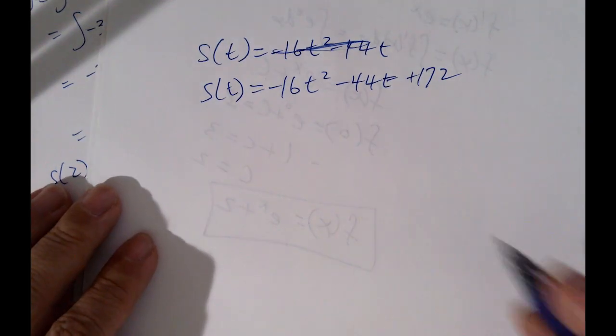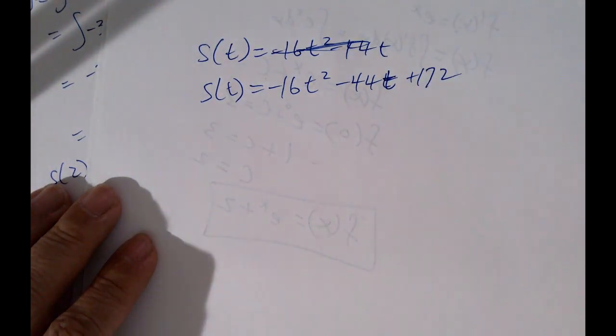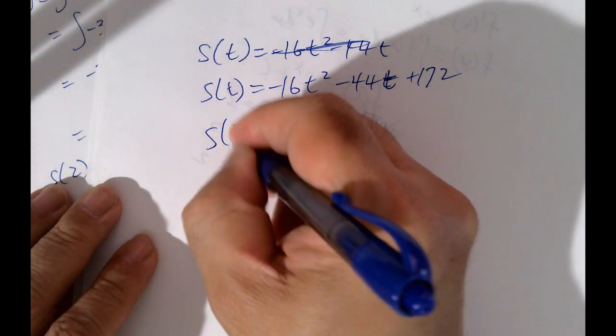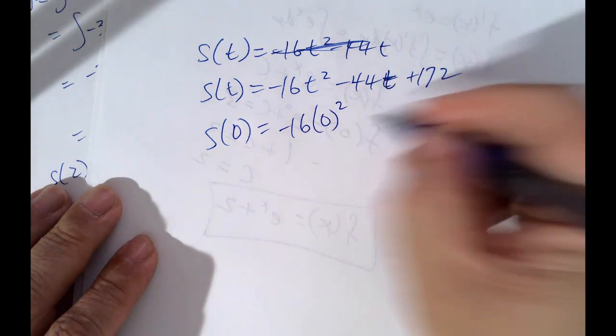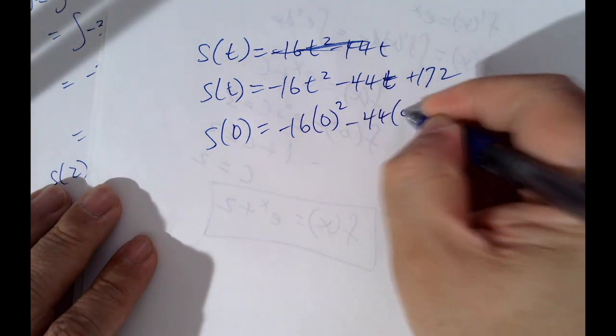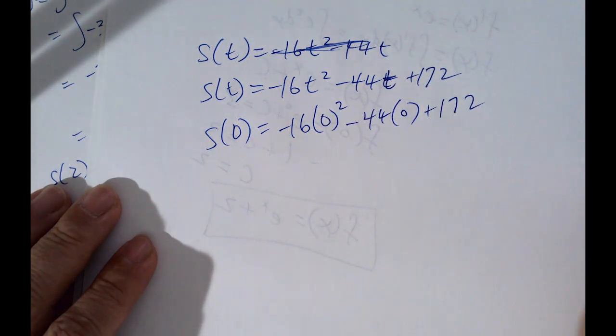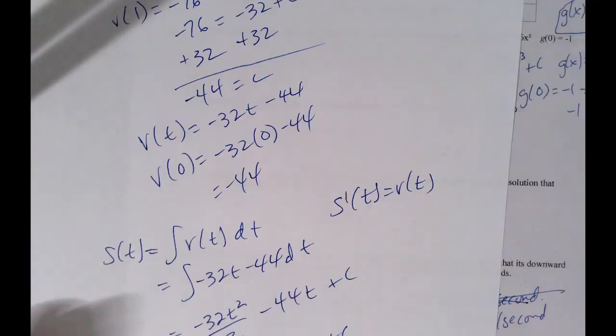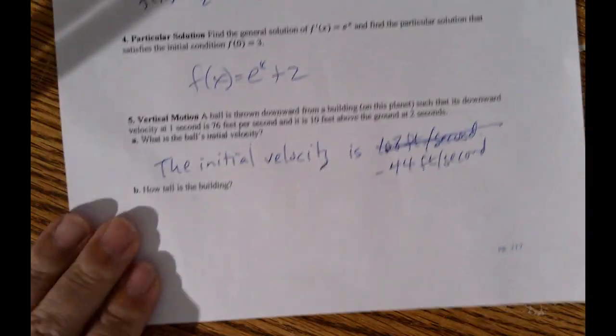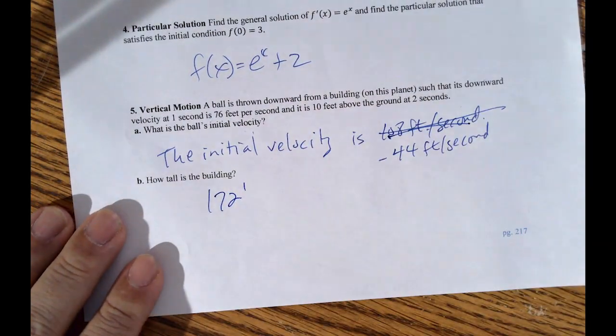Yeah, my handwriting is getting worse and worse. I am so sorry. All right, so initial height, that's s of 0, negative 16 times 0 squared minus 44 times 0 plus c equals c feet. So the height of the building is c feet. And that's it.